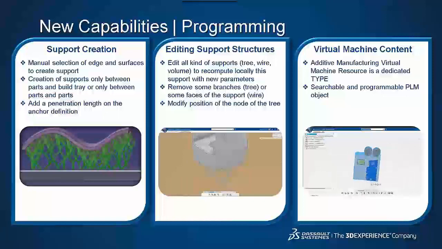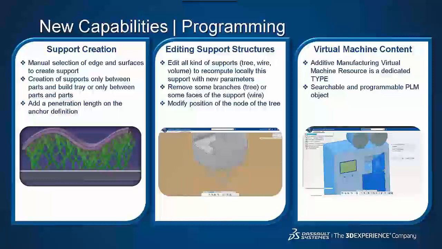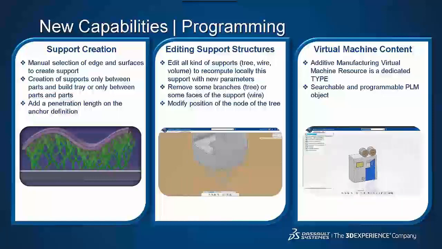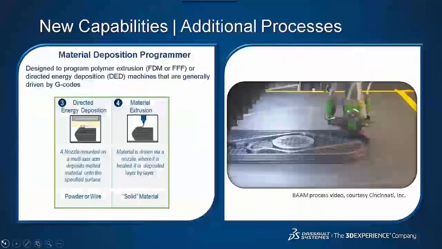So the virtual machine is a searchable and programmable PLM object, and so it has its own data class in the system, which makes it easy to find, easy to populate, and we're working with different machine vendors to ensure that we have an accurate and complete version of different machines, different material sets for these virtual machine libraries.